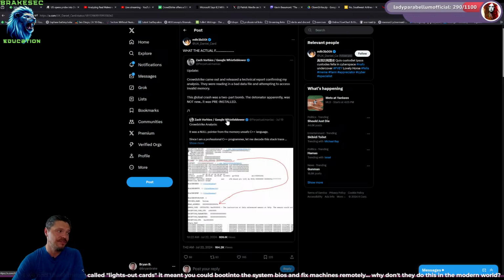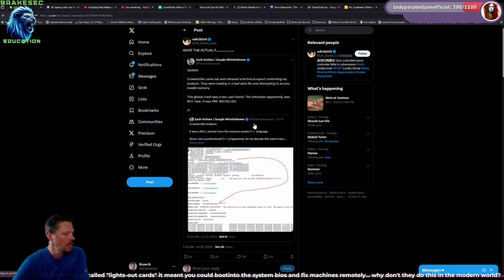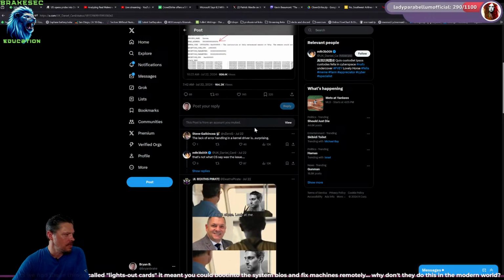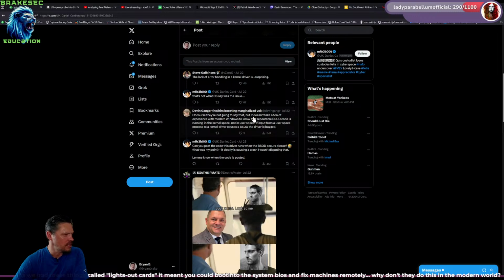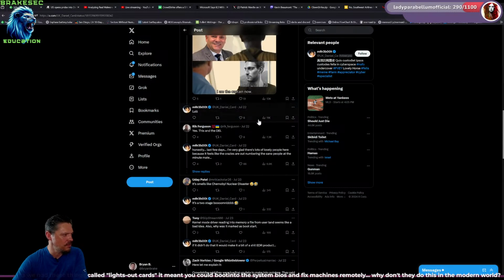The fact that it says Google whistleblower is probably why Taviso redacted the name there. So lack of error handling in a kernel driver is surprising. That's not what CS says is the issue. Of course, they're not going to say that, but it doesn't take a ton of... Yeah, okay, we're getting into conspiracy territory for some of these folks.